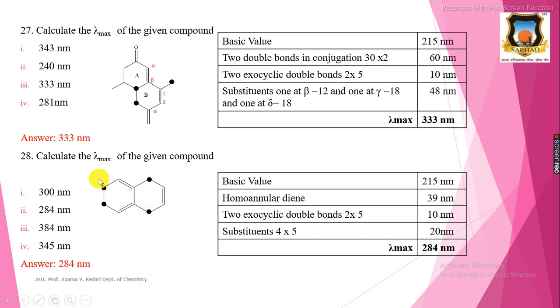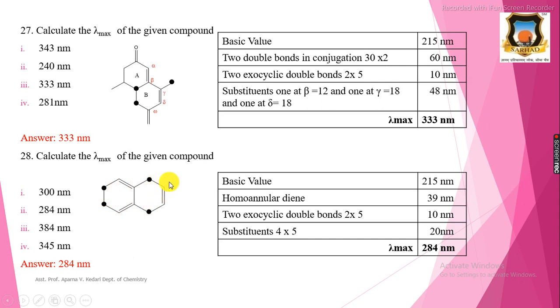Then there are four substituents. Suppose we start from this carbon, then there is this substituent, then here this substituent, again through this carbon, this substituent, and here this substituent. Therefore, the total is four substituents.